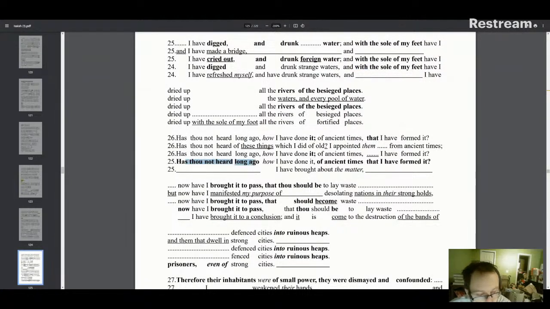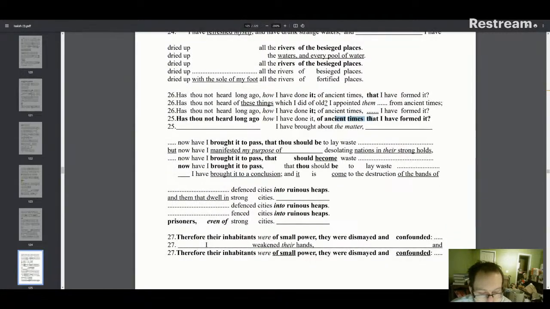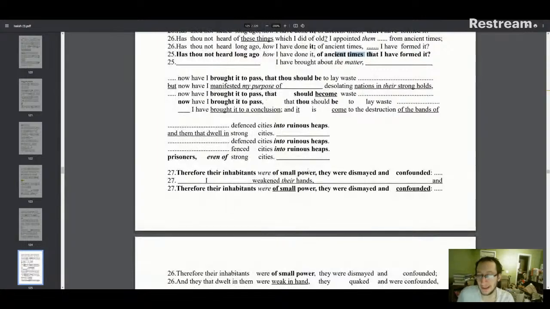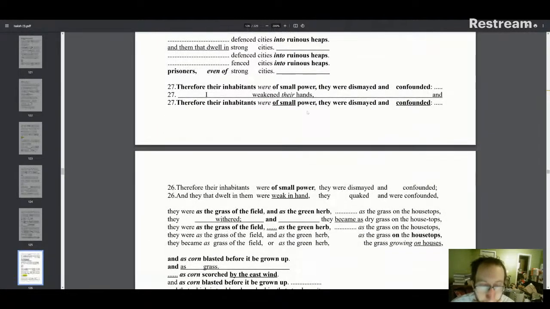"Hast thou not heard long ago that I have formed it, of ancient times that I have formed it?" Let's see. So overall, so far, we see that the 2 Kings is corroborating the basic text of Hebrew Isaiah against the Septuagint.